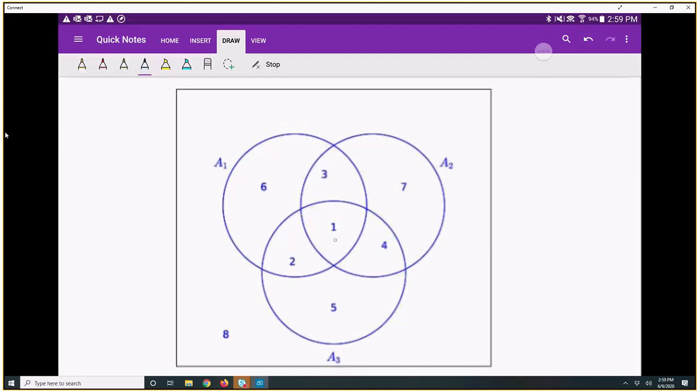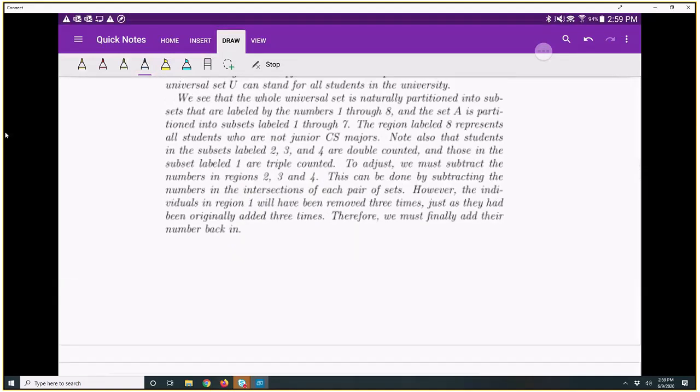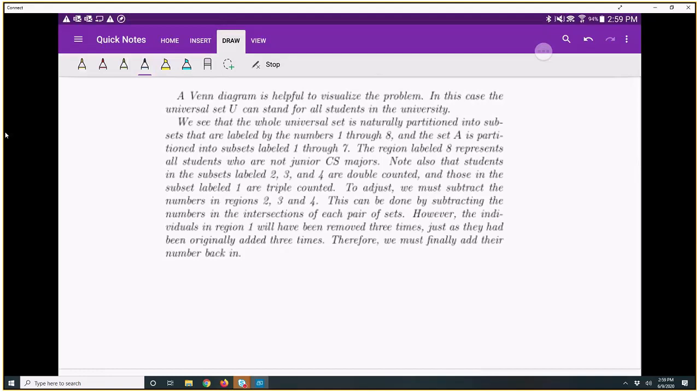So 1 through 7 make up A, whereas number 8 is students who are in the universe but who are outside of A. In other words, students who are not junior computer science majors.